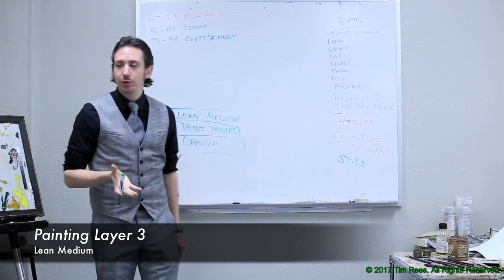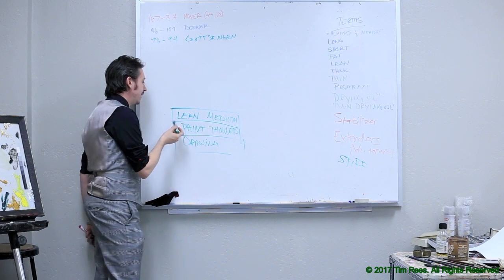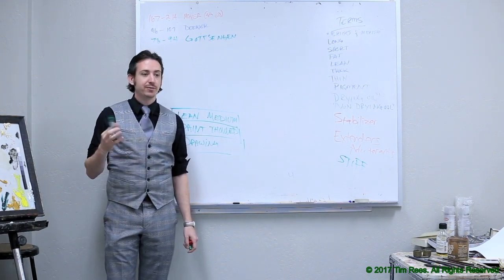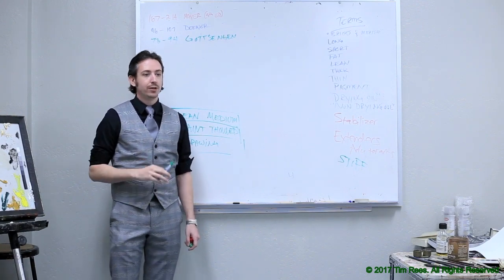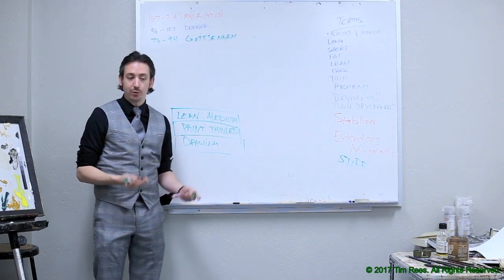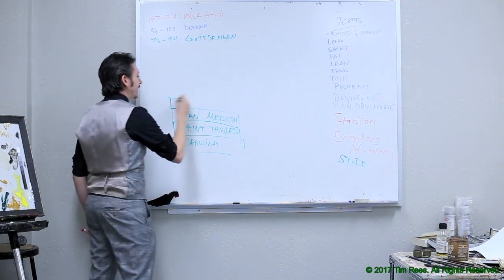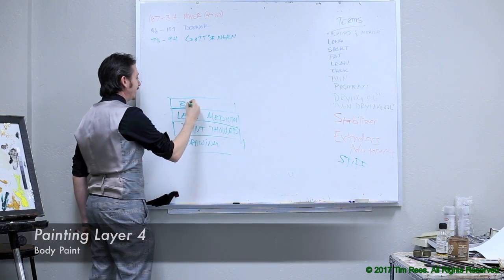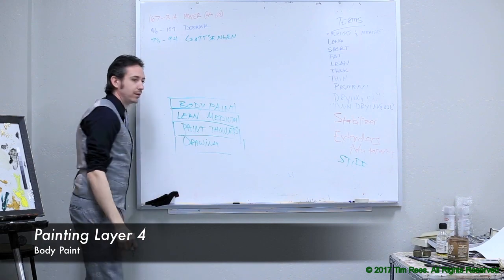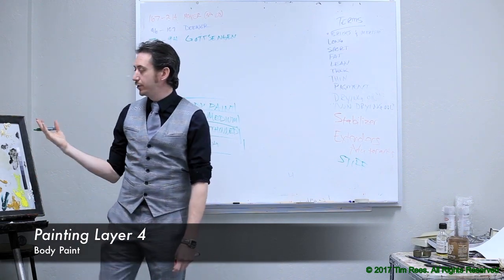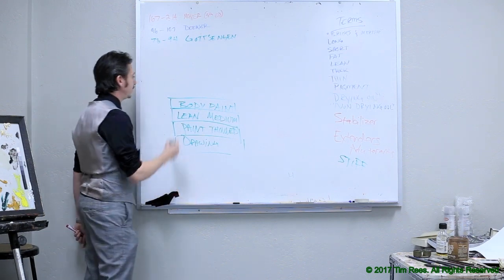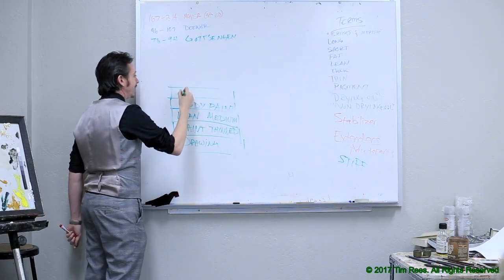Now, a lean medium will be something that has maybe a little bit of oil and then some thinner in it to make it more fluid. So it has oil, but it's cut with thinner, so it's not as oily proportionally. Then we can have body paint, which, depending on your paint company, may or may not be flowable right out of the tube. Then we have fat medium.